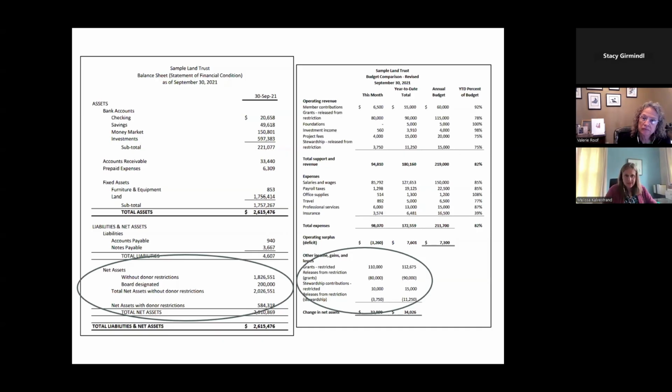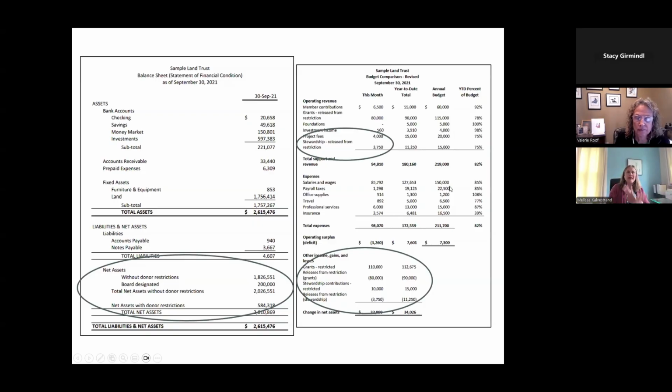So that goes to the second component of that requirement, where we're looking for it to show that you received it. So here, $10,000 they received, but they also had a release of $3,750 because they've spent the money. They either had stewardship time or another stewardship expense that would count. And again, that $10,000 is not income you can use, but you can use that $3,750 because you've released it. So you're going to show that up top.